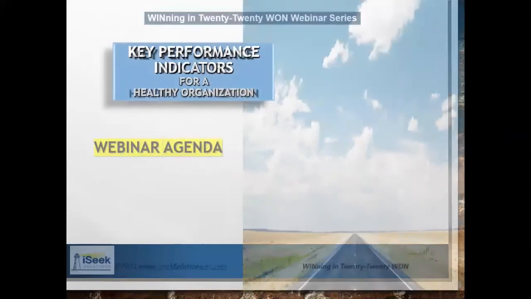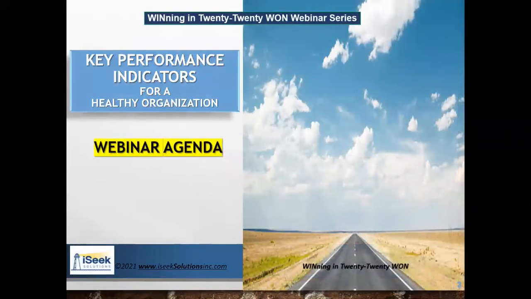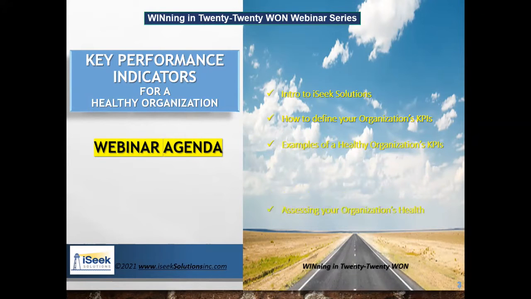So let's talk about key performance indicators for a healthy organization. We'll look at a couple of things today. We're going to look at how to define your organization's KPIs. We'll take a look at examples of a healthy organization's KPIs. We'll take a look at assessing your organization's health.